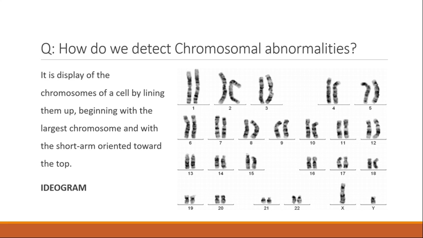A picture or an orderly arrangement of these chromosomes is made. They are arranged from the largest to the smallest size. The karyotype shows the number, the size and the shape of the chromosomes, and therefore it helps the experts to identify any form of abnormality. Also, there are other methods like FISH, fluorescent methods, which also help in identification of chromosomal abnormalities.